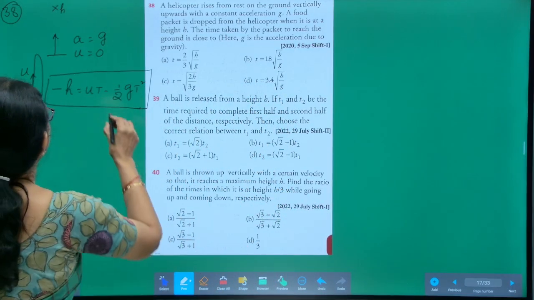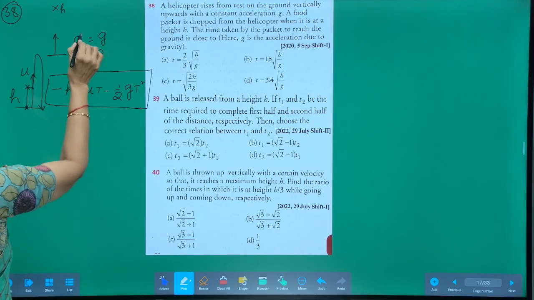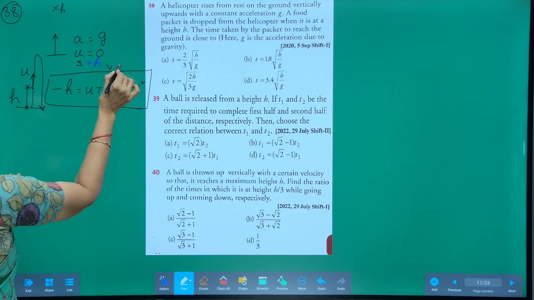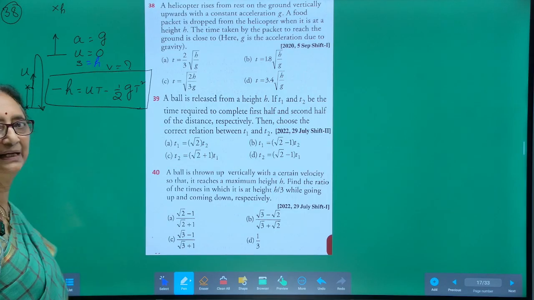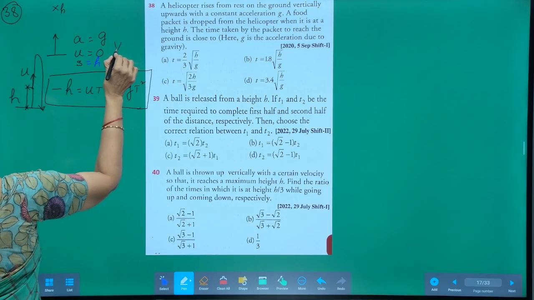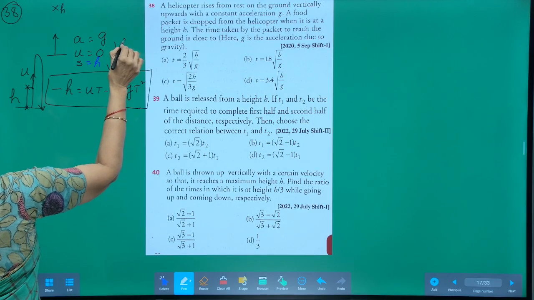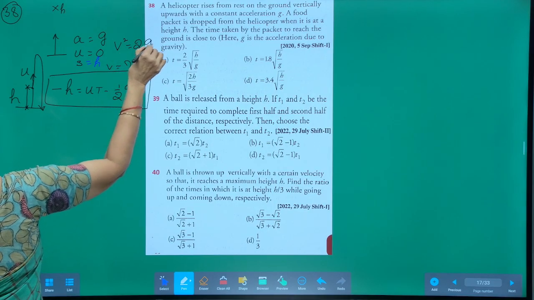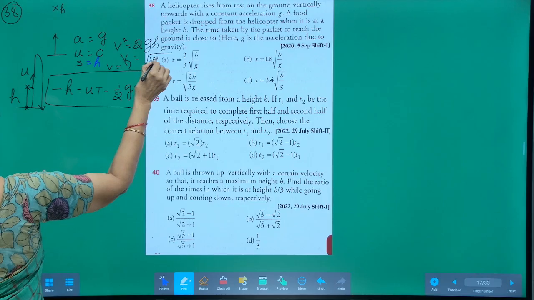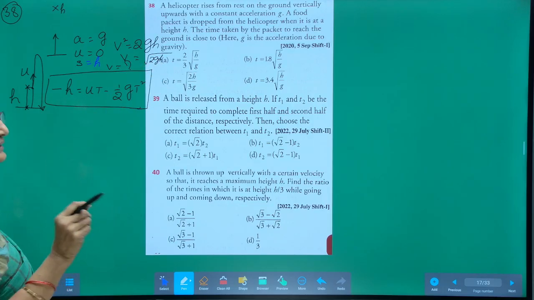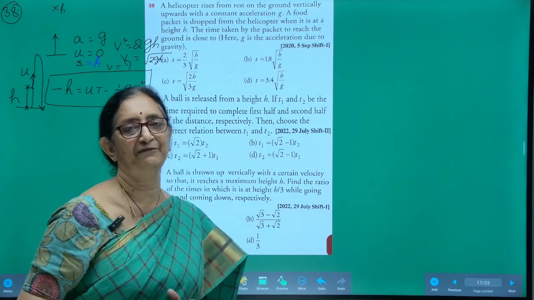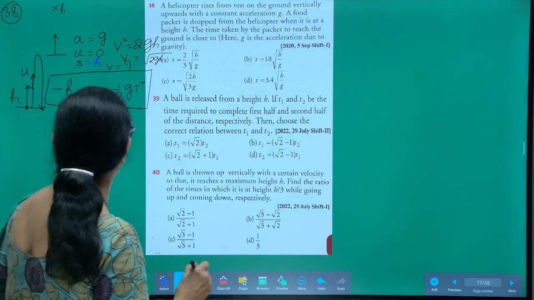For that, consider this. Suppose on reaching the height h, what is its velocity? From the relation v square minus u square is 2as, v square is equal to 2gh, from which v is equal to square root of 2gh. So the velocity of the helicopter at the instant the food packet is released is root 2gh.